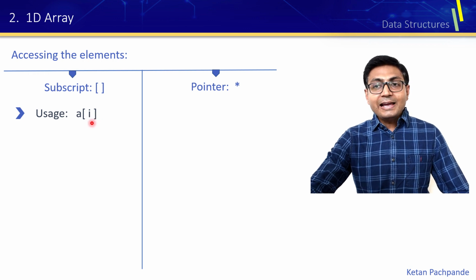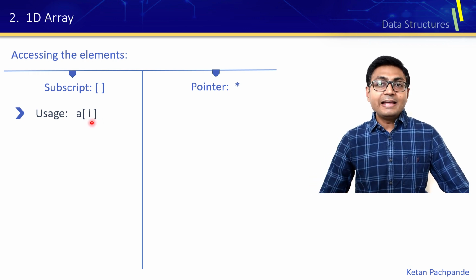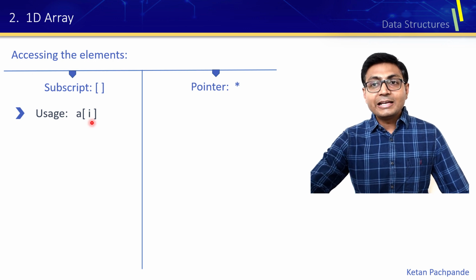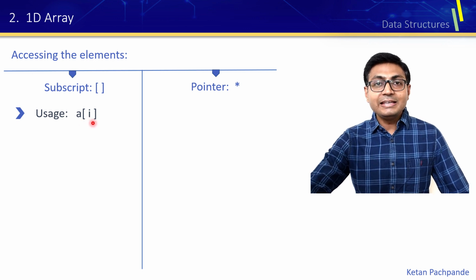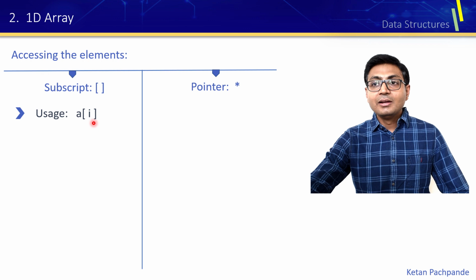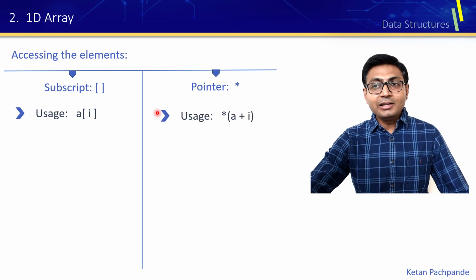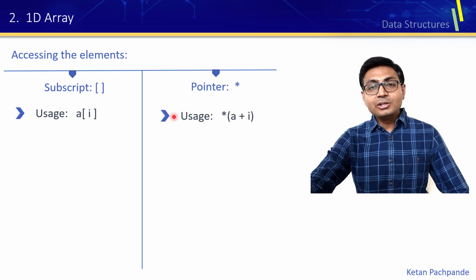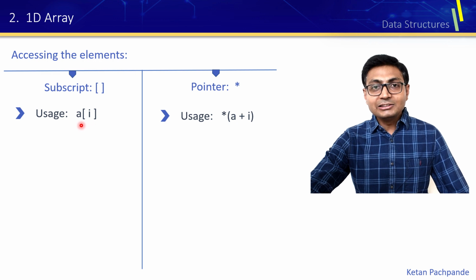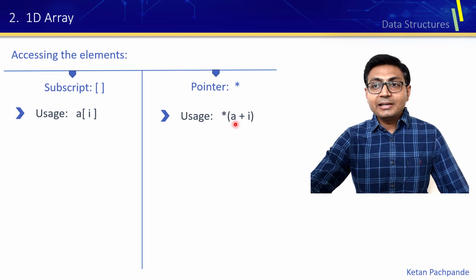So I is called the index of an element in the array. You can simply say A of the element number. Whereas you can define a pointer or you can make use of the name of the array itself, which is also a pointer. So you can simply say the starting location plus which element you want.